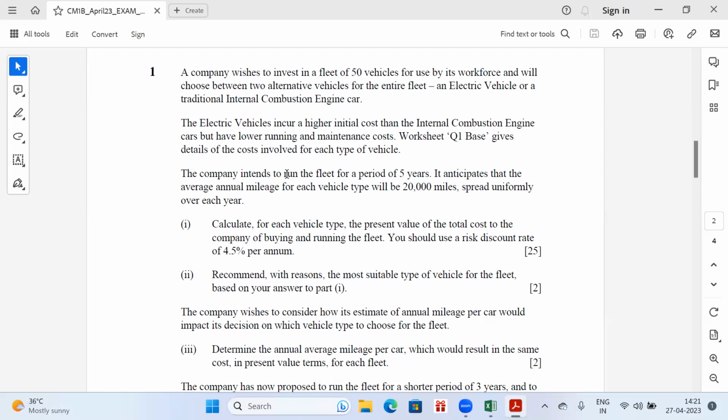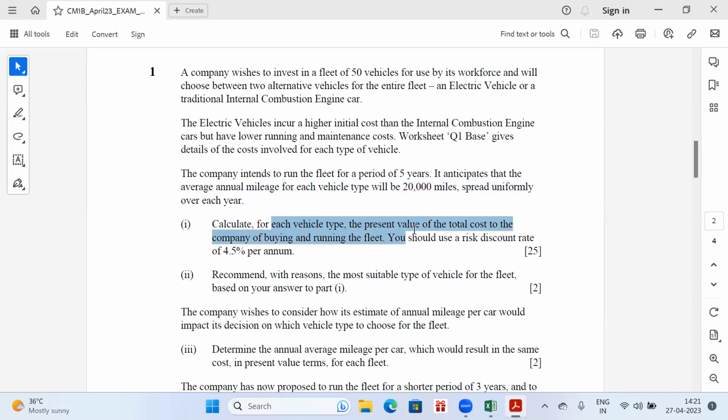Worksheet question 1 base gives details of the cost involved for each type of the vehicle. The company intends to run the fleet for a period of 5 years. It anticipates that the average annual mileage for each vehicle type will be 20,000 miles, spread uniformly over each year. So it said that these are spread uniformly over each year.